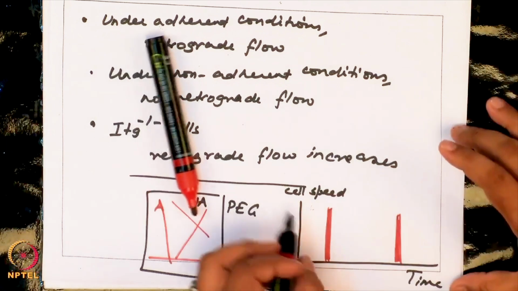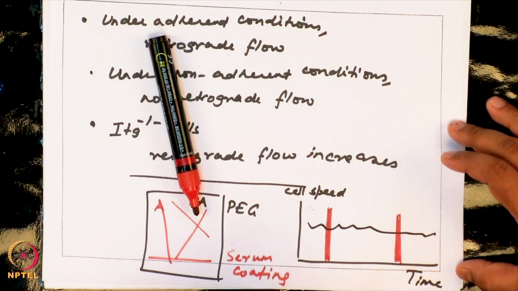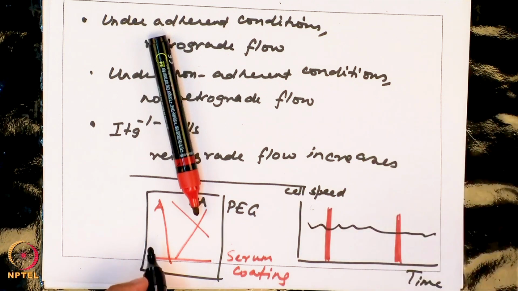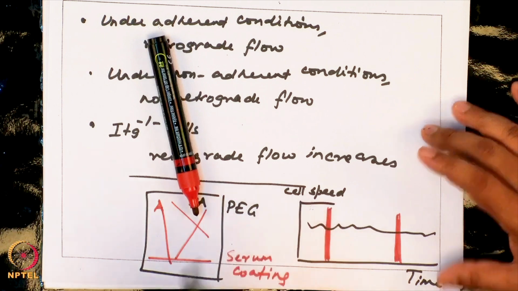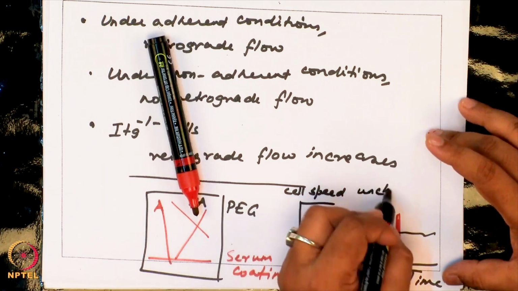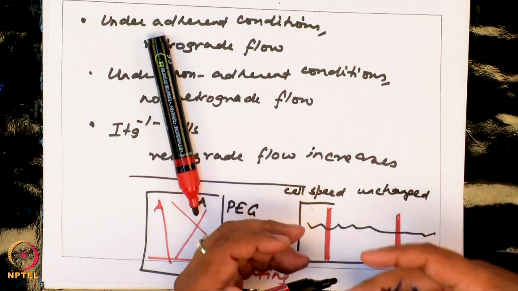What they found was when the cell was migrating on these zones, your cell speed remained unchanged. So, even if you provide the circumstance of adherent and non-adherent zones mixed together, the cells can adapt to it in real time.